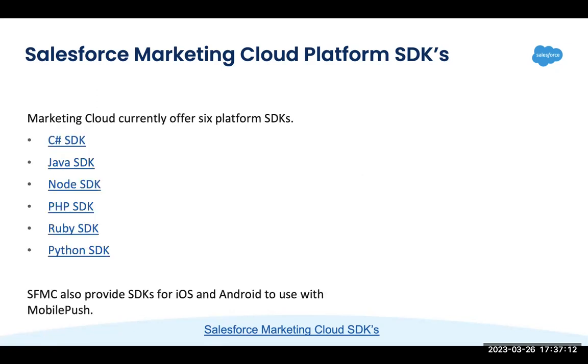Marketing Cloud currently offers 6 platform SDKs, which are built on C#, Java, Node, PHP, Ruby on Rails, and Python. Hope you're already aware of it. SFMC also provides SDKs for iOS and Android to use with mobile push.